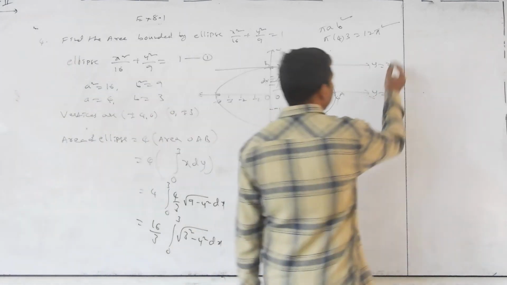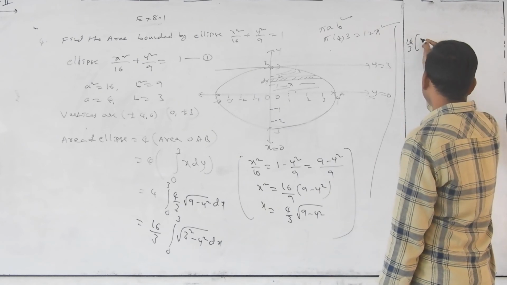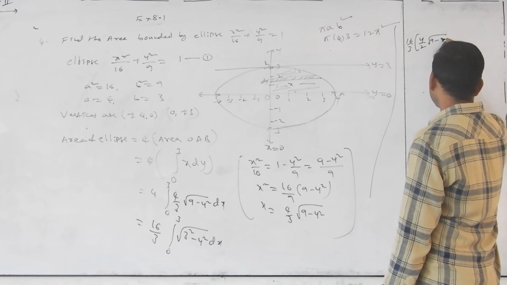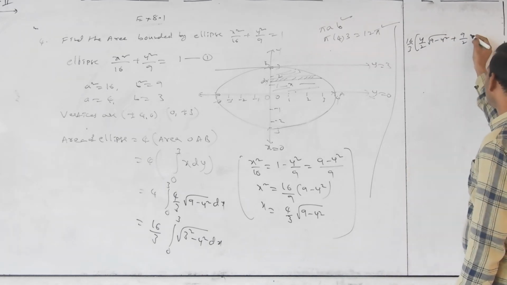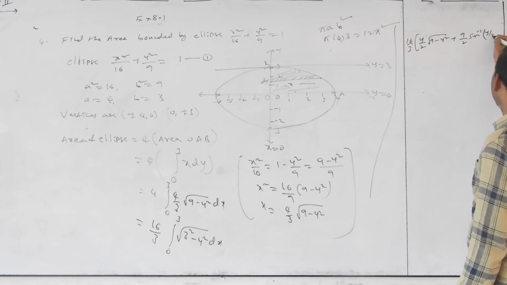16 by 3, tell me: x by 2 means y by 2, root of 9 minus y square, plus a square by 2, 9 by 2, sine inverse of x by a, means y by 3.